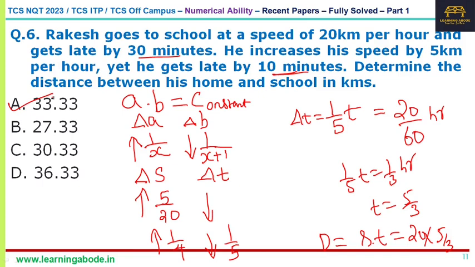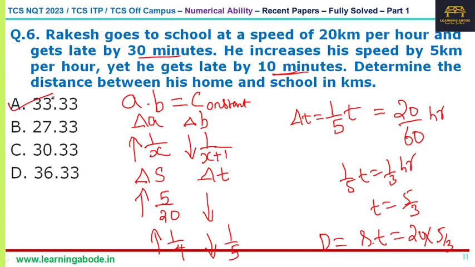So that 1 by 4 increase, the other side will be 1 by 5. That 1 by 5 is like 20 minutes. So the actual time will be like 100 minutes. Now 100 minutes in terms of hours will be 5 by 3, and 20 into 5 by 3 will be 100 by 3, and 100 by 3 is 33.33. So without writing even a single step, I can get the answer. Not just me, anyone can get the answer for this question. Okay, so the question is over.